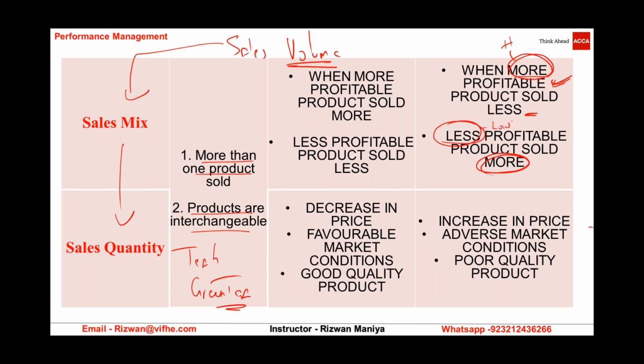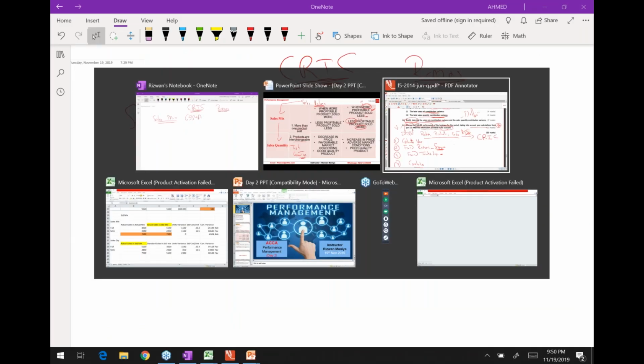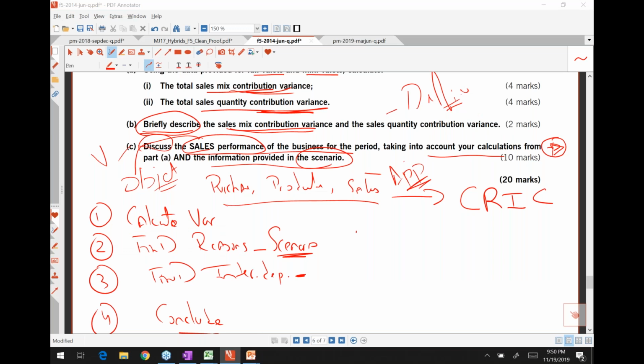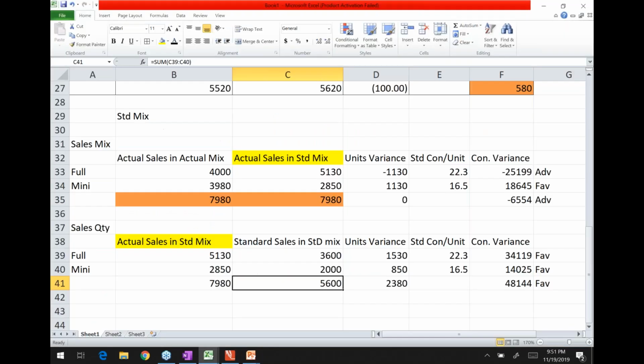So that results in an adverse mix variance. Let's find out in the scenario whether this case is true or not. Now, which is more profitable out of the two, full valid or mini valid? Quickly tell me. So this is more profitable.